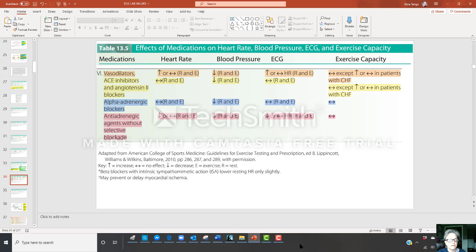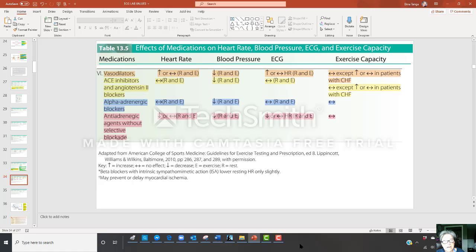Vasodilators are going to increase heart rate or have no change, no effect at rest and with exercise. Vasodilators are going to decrease blood pressure at rest and with exercise.